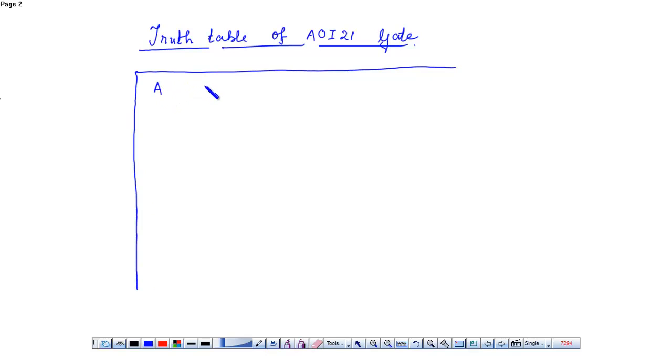This is A, B, then A dot B. Then we have the third input C. Then we'll see A dot B plus C. And then the output, A dot B plus C whole bar.